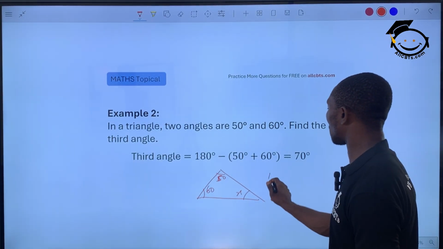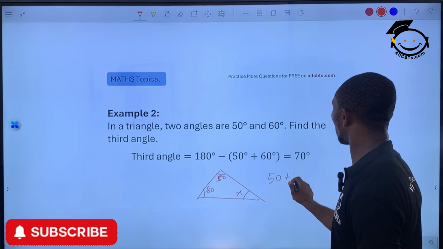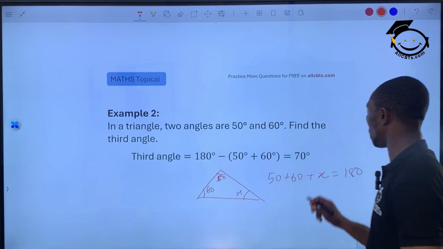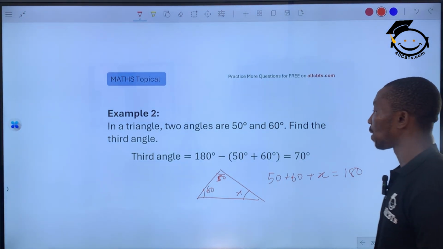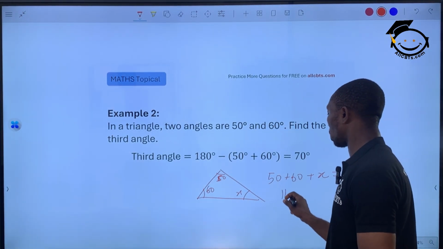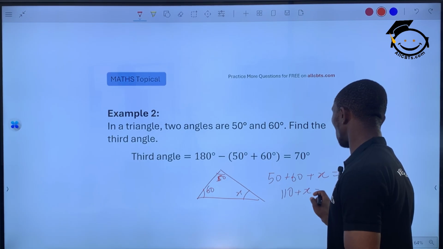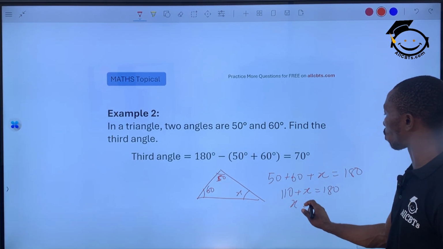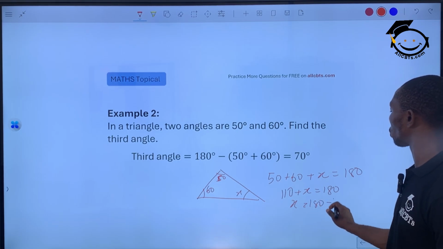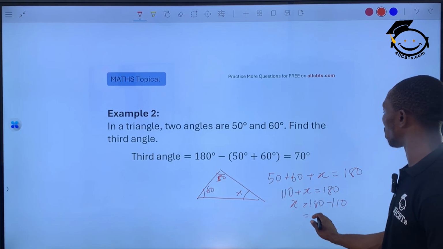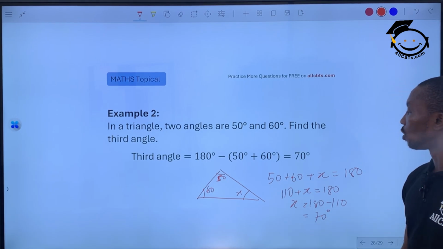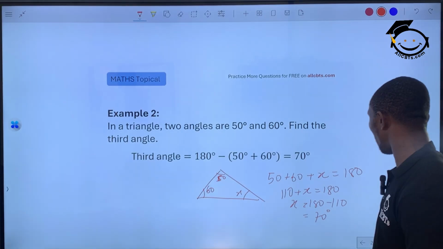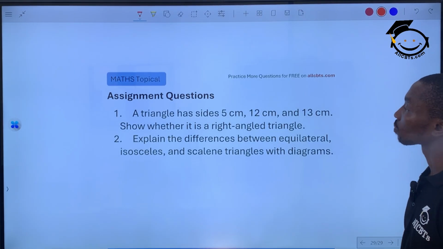So 50 plus 60 plus x equals what? 180 degrees. This gives us 110 plus x equals 180 degrees. Therefore, x equals 180 minus 110, which gives us 70 degrees. So the value of x, the third angle, is 70 degrees.